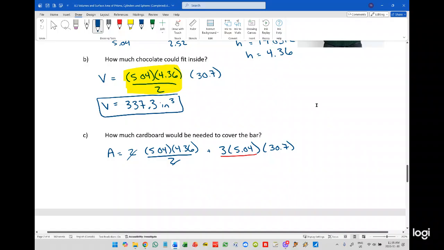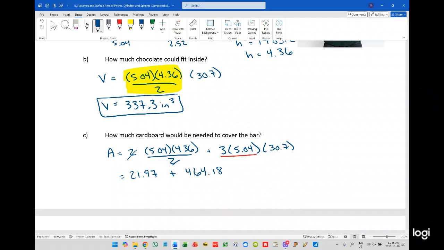Okay, so those end pieces are going to be 5.04 times 4.36. That's 21.97. And then the sides are going to give us 3 times 5.04 times 30.7, which is 464.18.